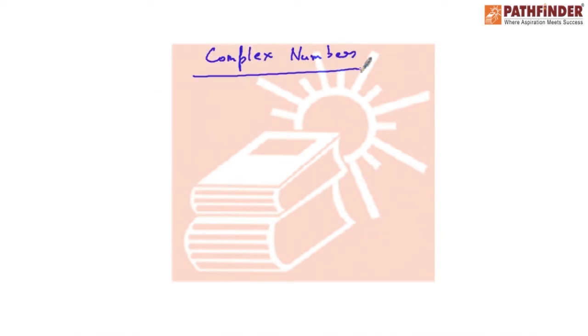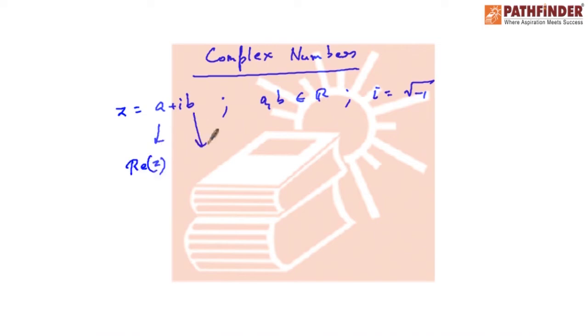Let us discuss complex numbers. The complex numbers are defined as expressions of the form a plus iota b, where a and b are real numbers and iota is defined as a quantity square root over minus 1. Usually complex numbers are denoted by the letter small z. A is called the real part of z, denoted by Re z, and b, only b, not ib, is called the imaginary part of z, denoted by Im z.